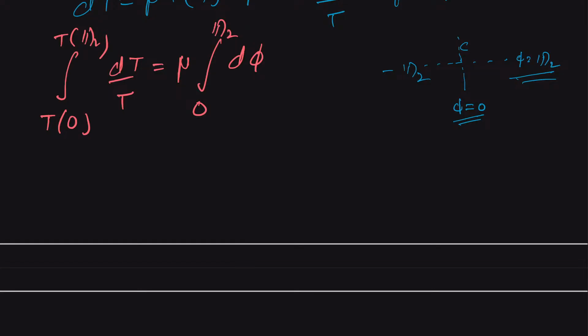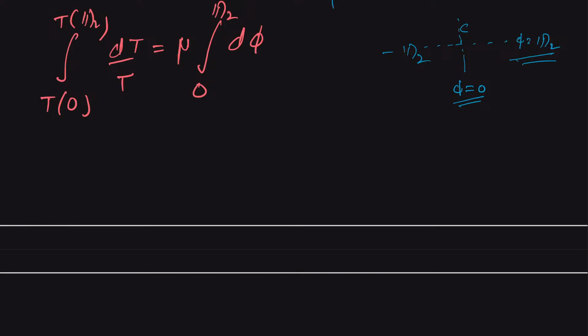So we can write this as natural log of T pi by 2, because its integration will be natural log of T, and if we substitute it, we can write it in fractional form. It will be coming as T pi by 2 over T naught, natural log, using the logarithm property, and we get this particular solution.